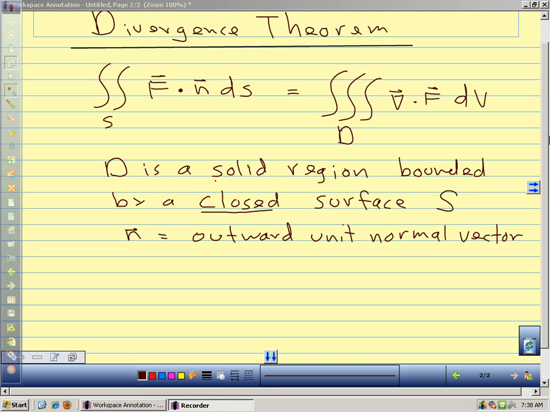So the divergence theorem holds for a closed surface. We have to have a closed surface.